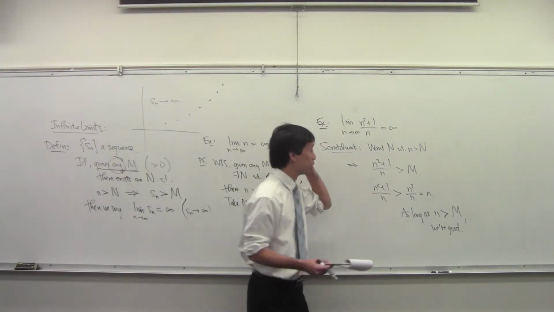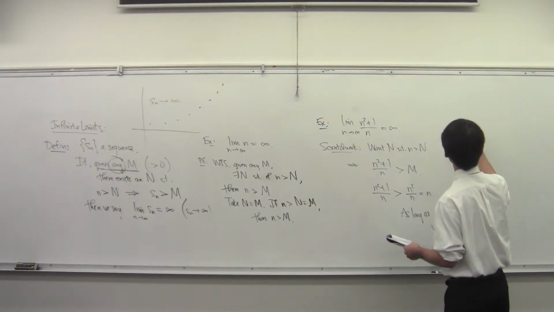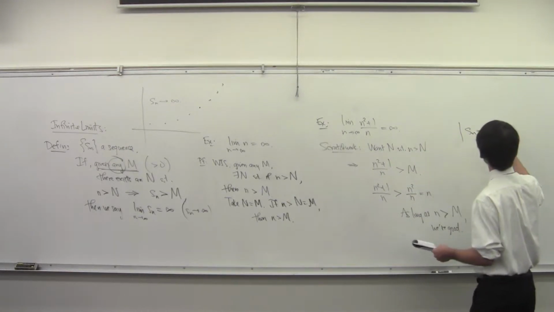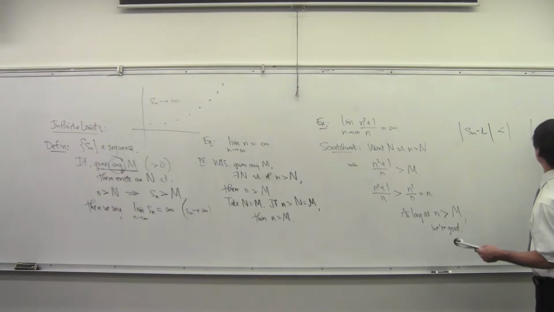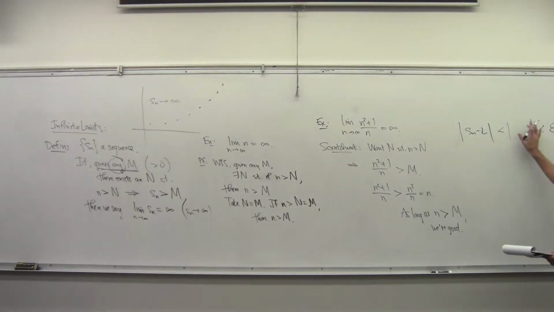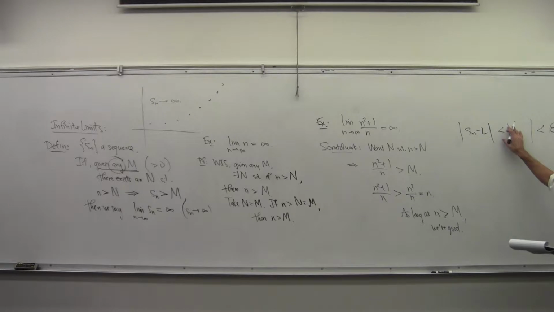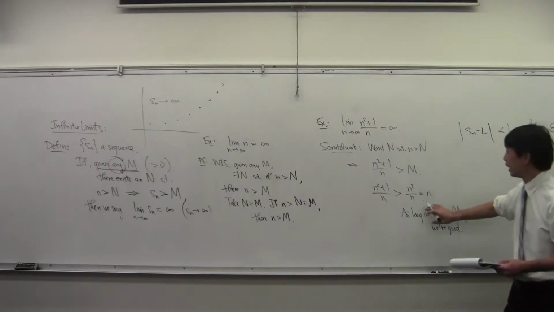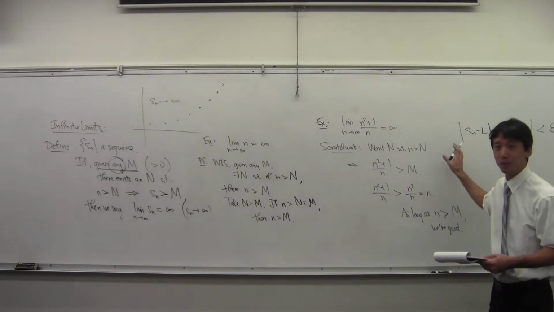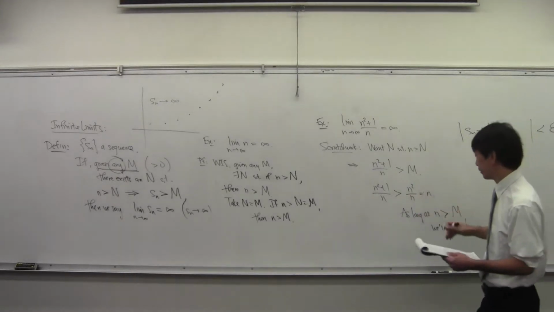Previously we had something like |s_n - L|, and then we tried to find something larger than it, and we said, well, if that thing is smaller than epsilon, then we're okay, right? And we try to choose something that we can relate back to the size of n, basically. Now we need to do sort of the opposite. We need to find something smaller.